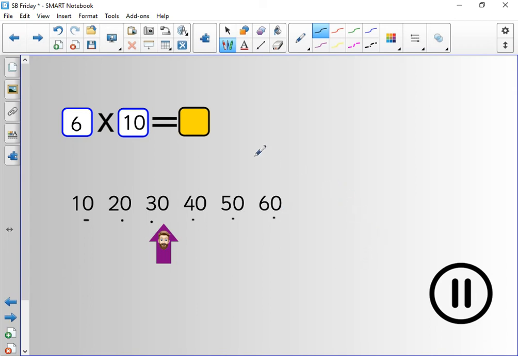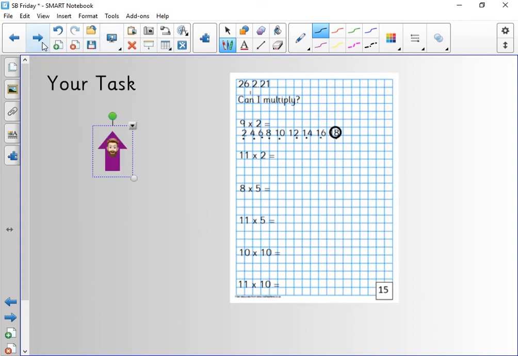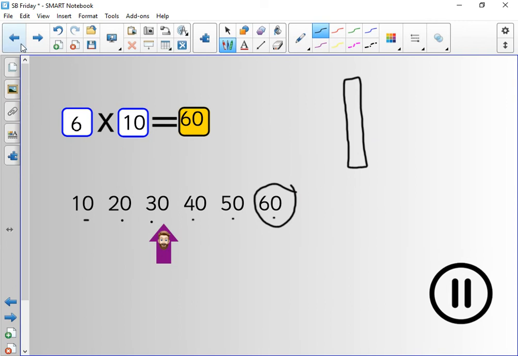I've got 6 10s, so my answer is 60. I'm just going to put a circle around the answer. Okay, and again, this one you could draw 6 base 10 if you were struggling with this strategy.